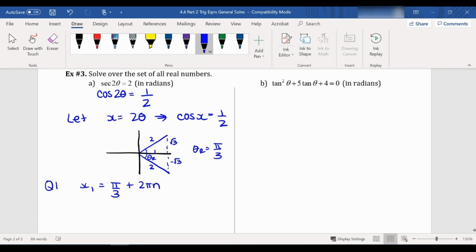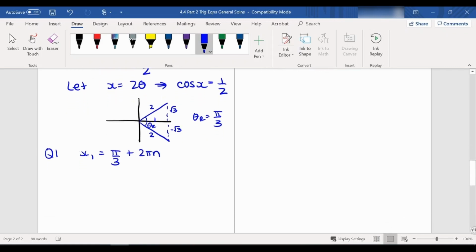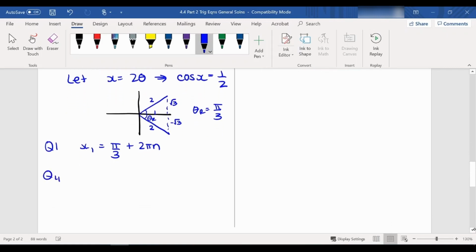My second answer in quadrant 4 would be 2 pi minus pi over 3, which is 5 pi over 3. And to make it a general solution, I would have plus 2 pi n.